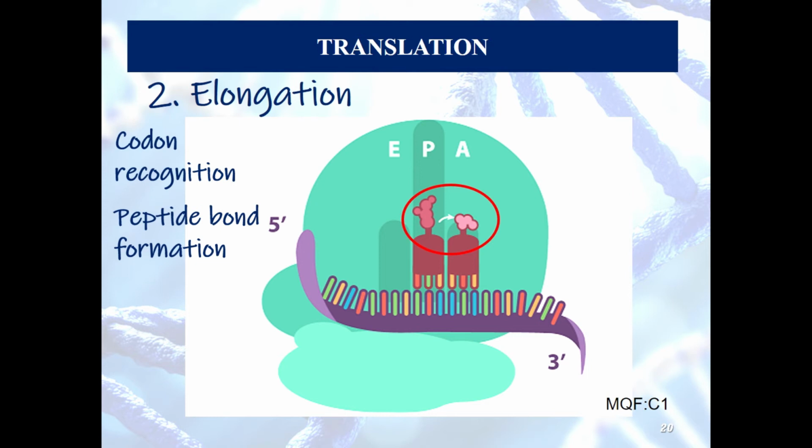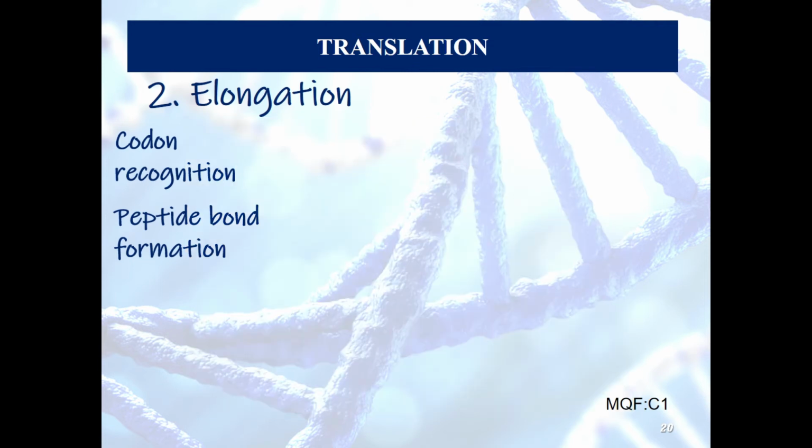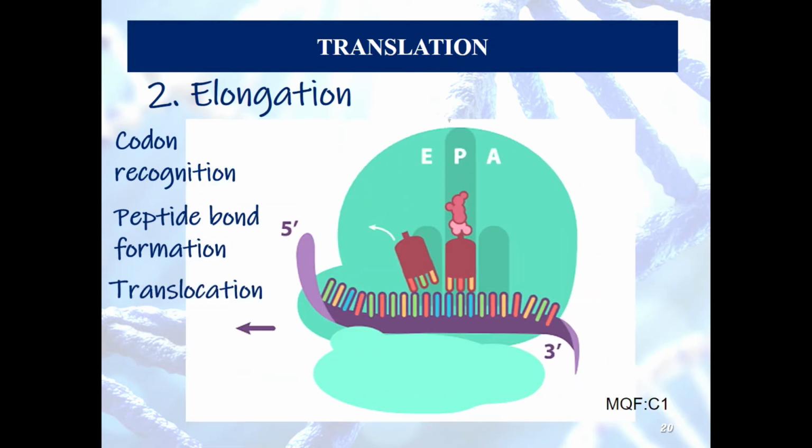The polypeptide from the initiator tRNA in the P site is removed and attached to the second tRNA in the A site. During translocation, the ribosome moves along the mRNA, translocating the second tRNA in the A site to the P site. The A site is then occupied by the third amino acid tRNA.